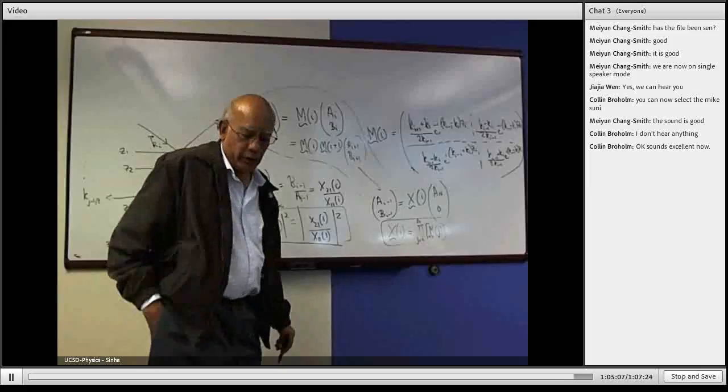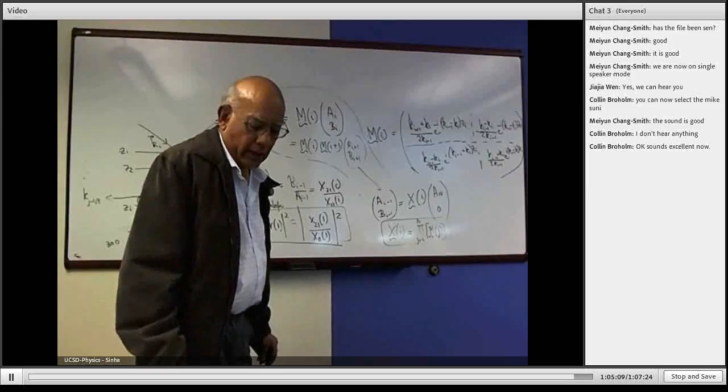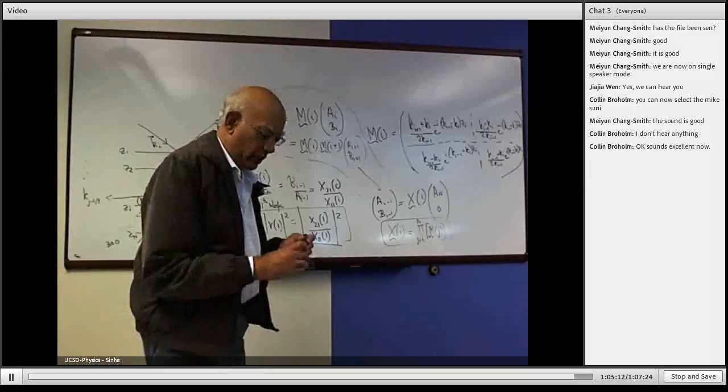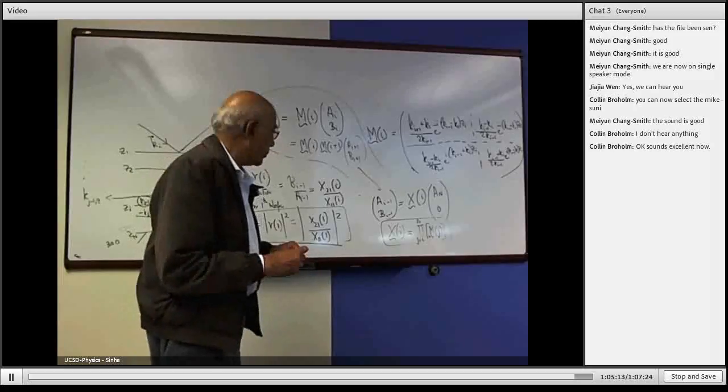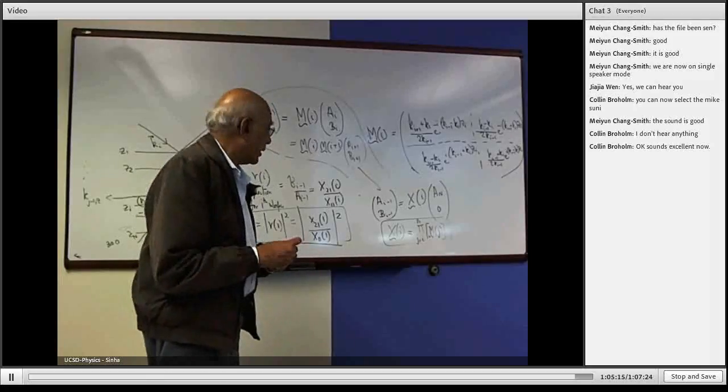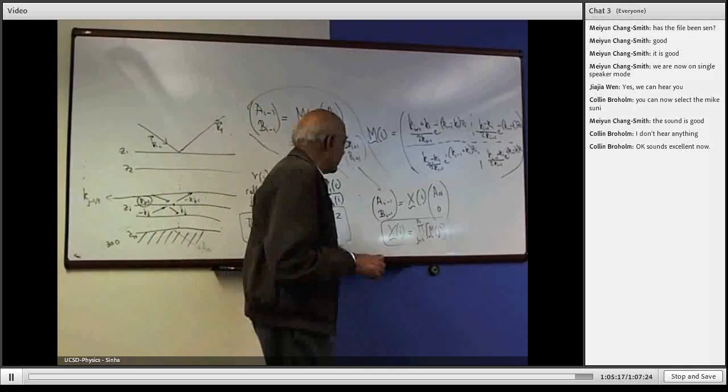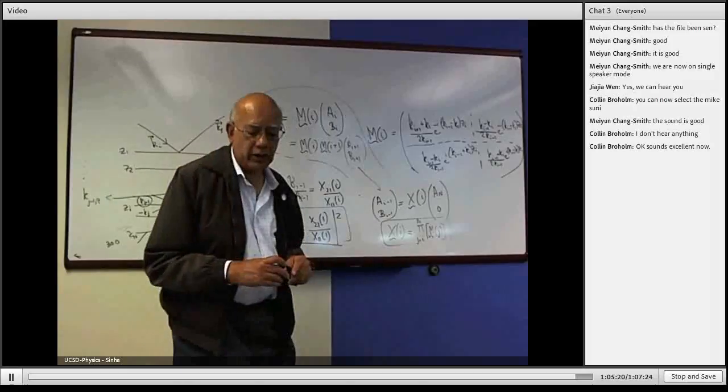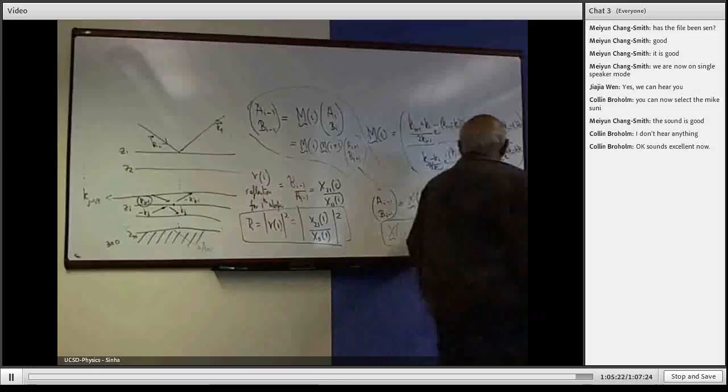And on a computer, this can be made quite fast. There's an alternative way to calculate this, which I'll briefly touch on. So this is the method of Born and Wolf.